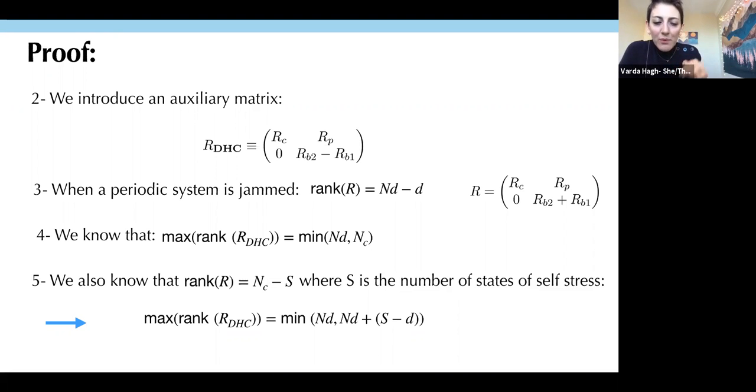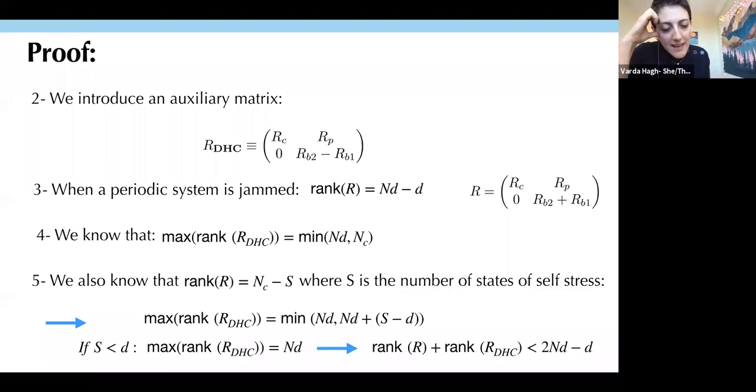I can then replace this NC in the rank of RDHC with this information, and I get that the maximum number that the rank of RDHC can have is the minimum of ND and ND plus S minus D.